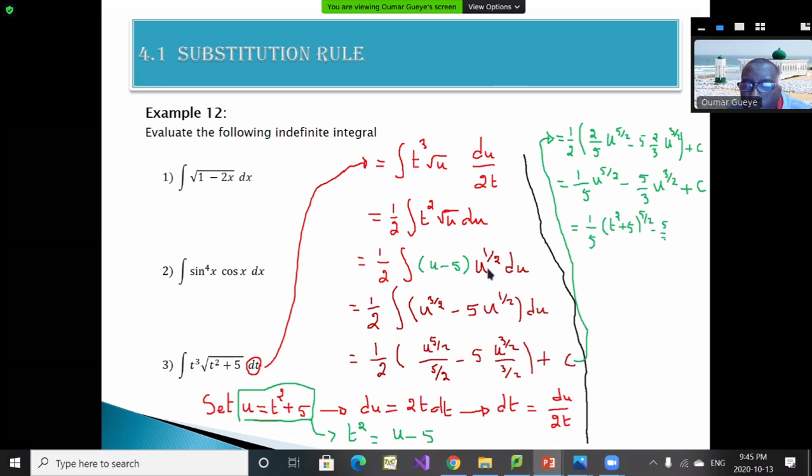We substitute u by its value again. Is equal to t squared plus 5 to the power 3 over 2, plus now the constant c. And we're done. So back substitution here, last step. Don't forget it.